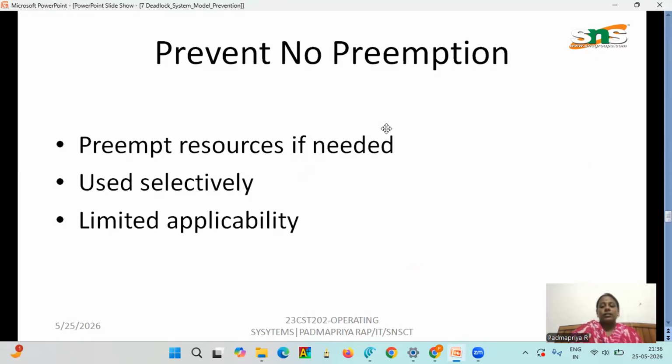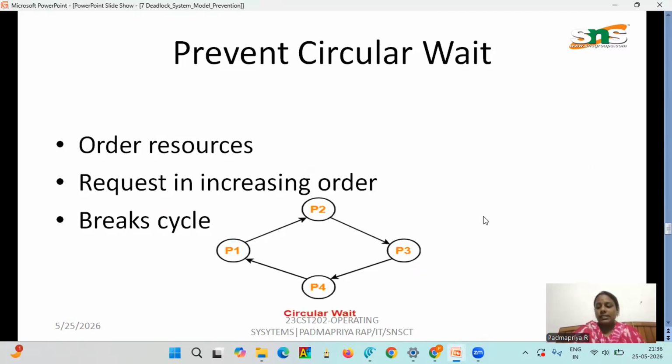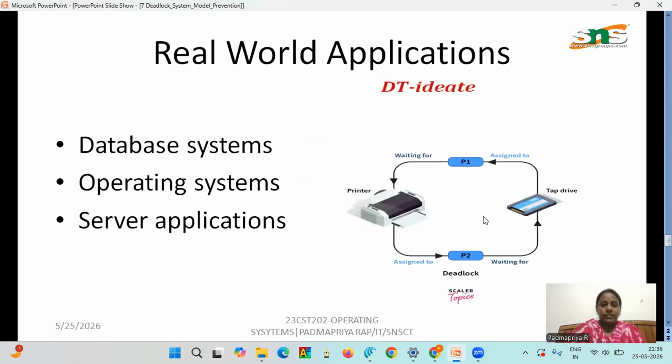Prevent no preemption: preempt resources if needed, used selectively, with limited applicability. This is preventing no preemption. Prevent circular wait: order resource requests in increasing order to break the cycle. This is preventing circular wait.